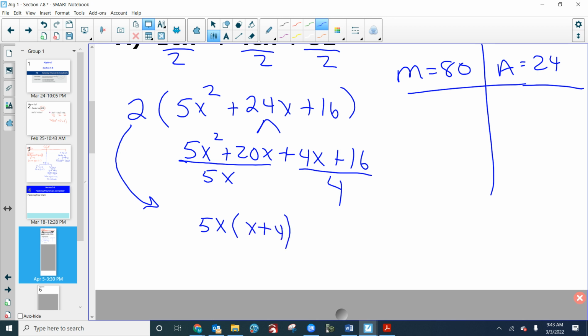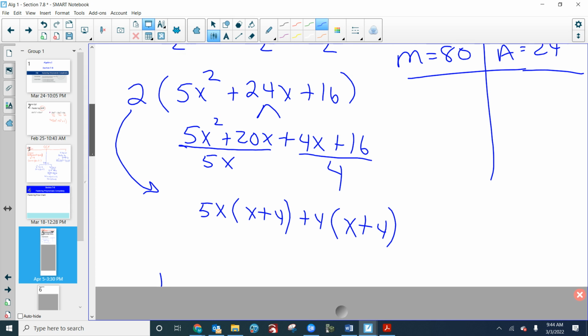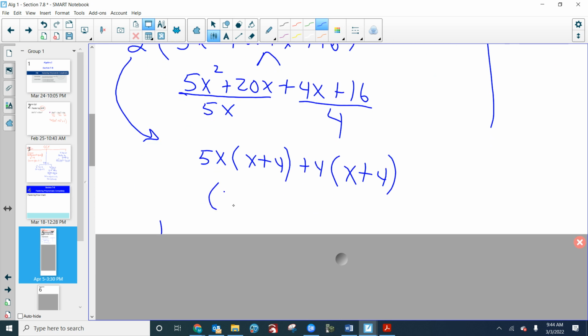Everybody with me? What about the second one? I'm taking out a 4. It looks like it's x plus 4 again. So, final answer, 5x plus 4. Is that my final answer?